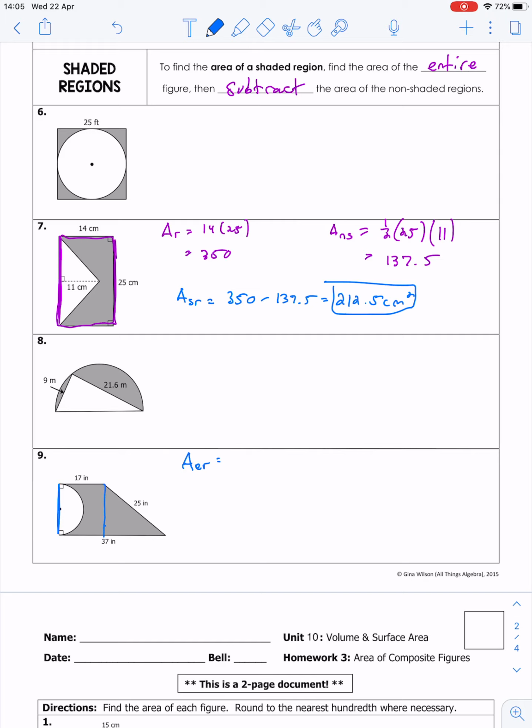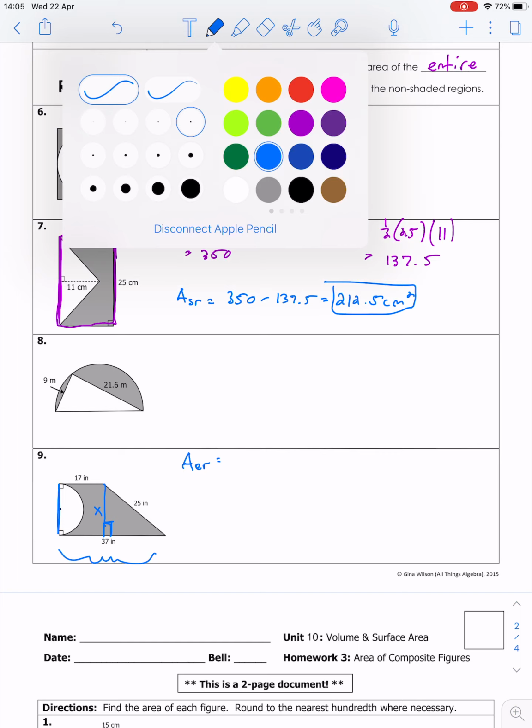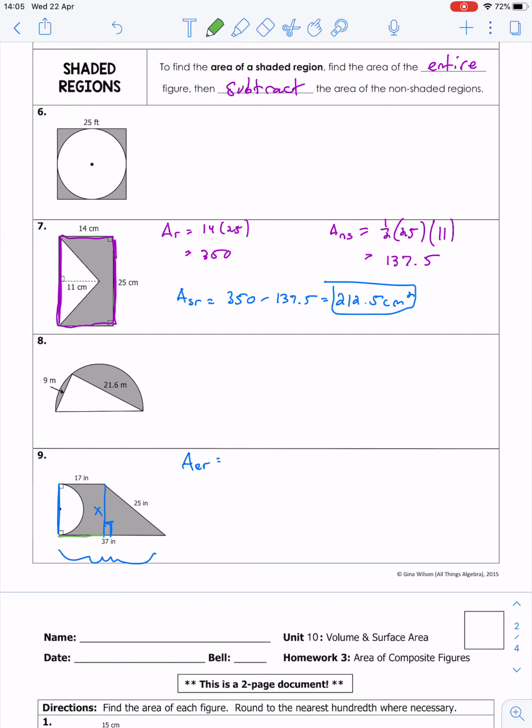So, in order to find the height, we're going to have to find this height right here. And since this whole thing is 37, and then we know that this is 17, that must mean this is 20. So this is going to be a Pythagorean theorem.